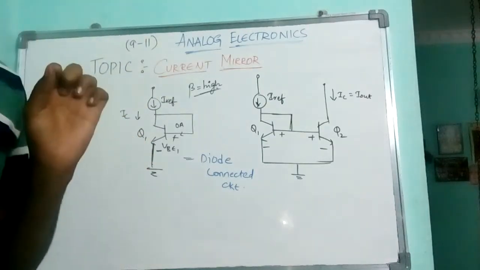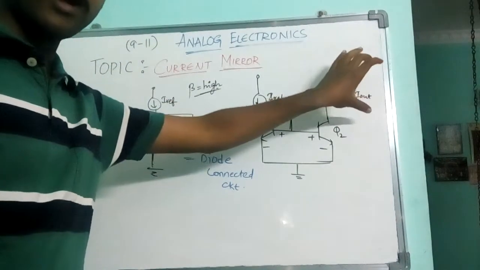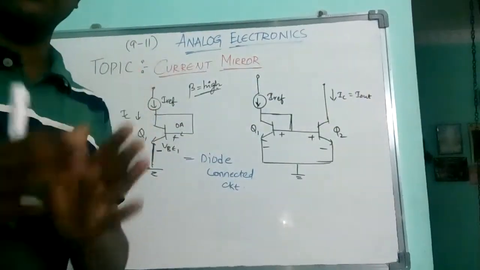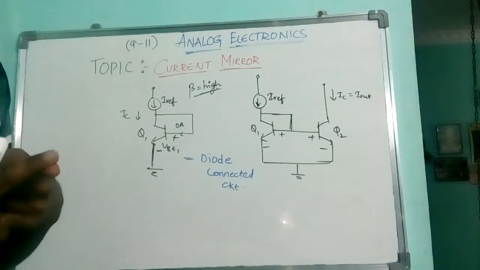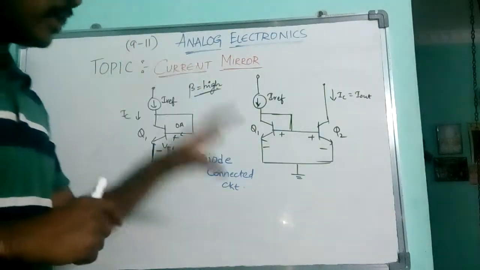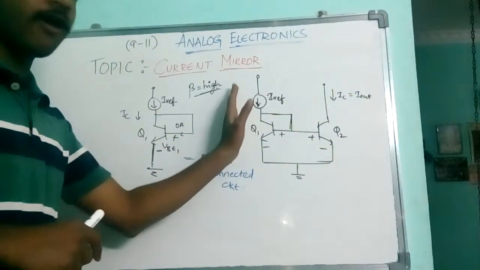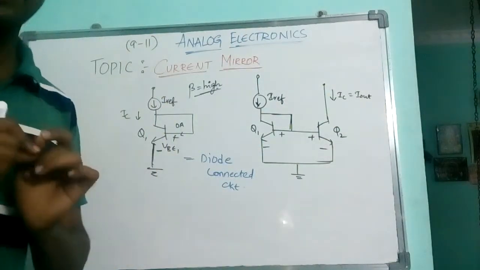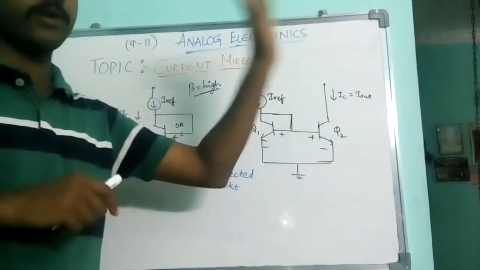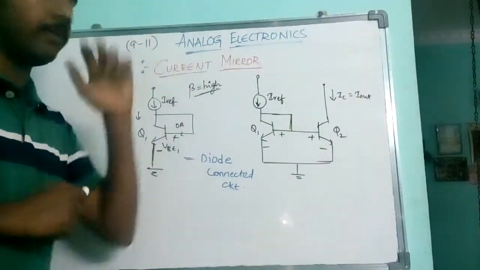For good current at the output, the transistors should be identical, so that we can produce the replica of the reference at the output. If not, there will be some mismatch and you won't get the required output at the output terminal.